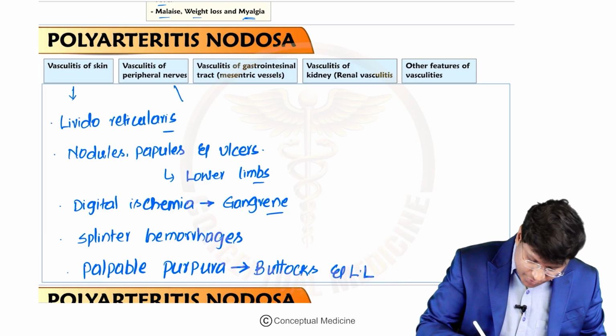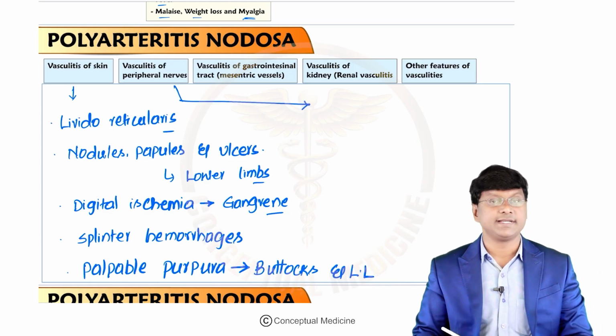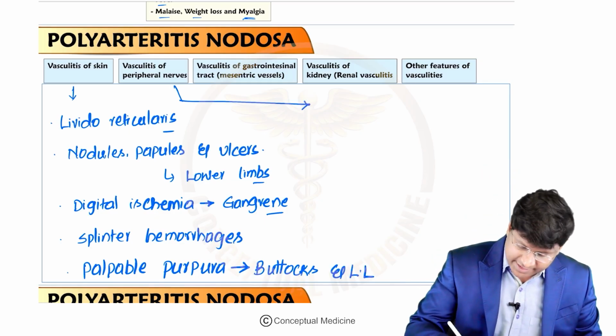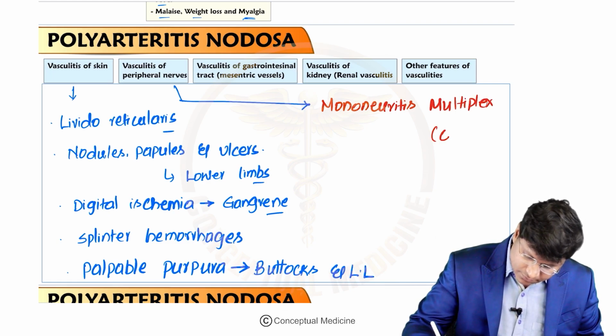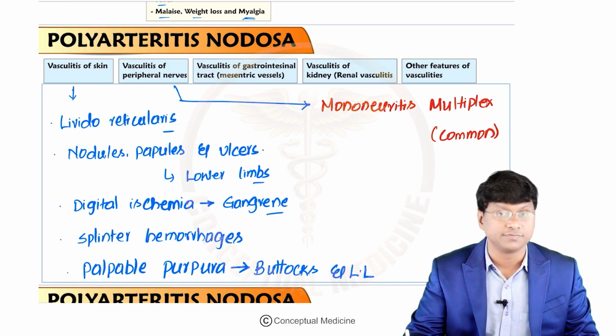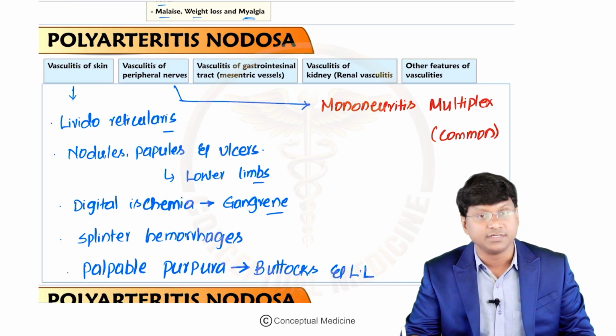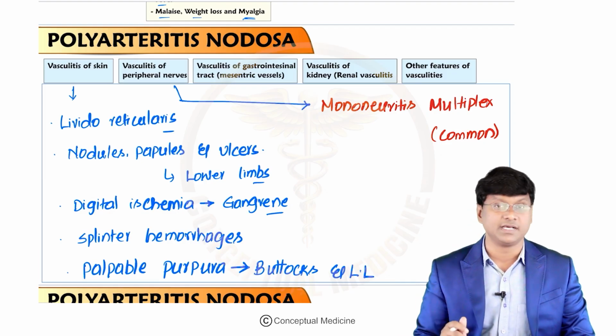And you take, due to vasculitis of the peripheral nerves, mononeuritis multiplex is very common, where there is involvement of the sural nerve, the peroneal nerve, the radial nerve, and the ulnar nerve.